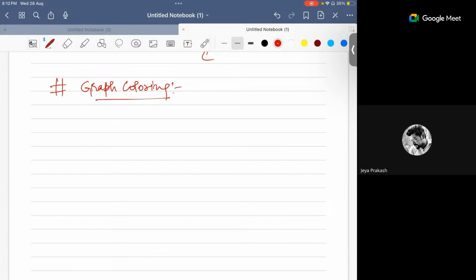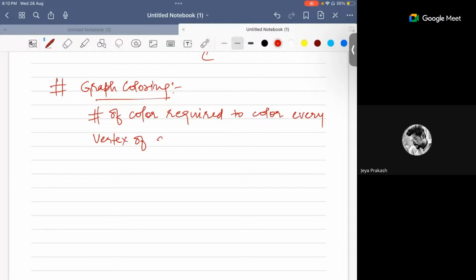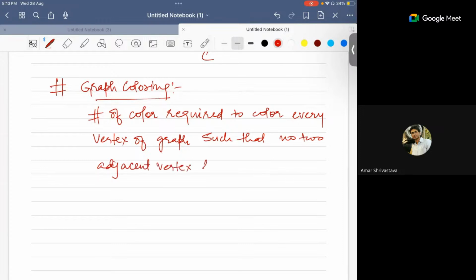Here, it is the number of colors required to color every vertex of a graph such that no two adjacent vertices have the same color.